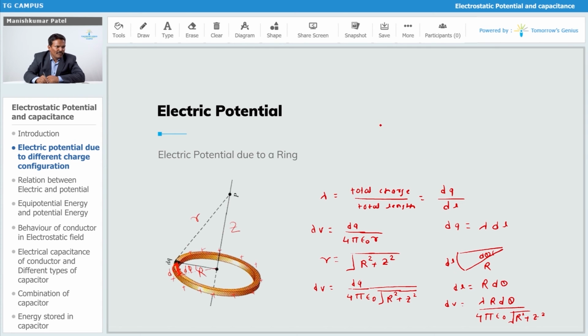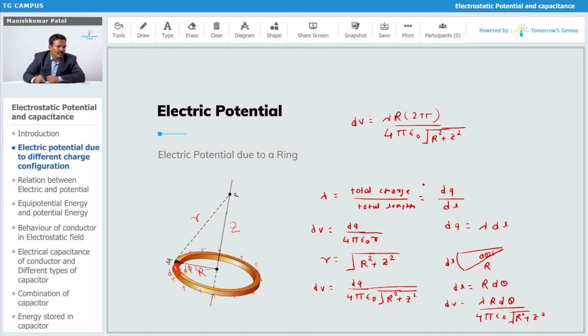After simplifying, you can write that V, again lambda R, the integration taken from 0 to 2 pi, so obviously it will be 2 pi, upon 4 pi epsilon naught square root of R squared plus z squared.